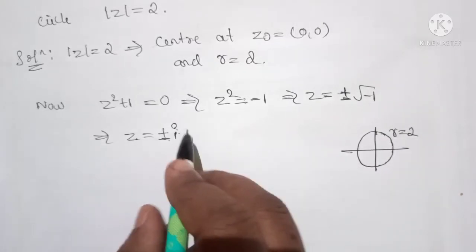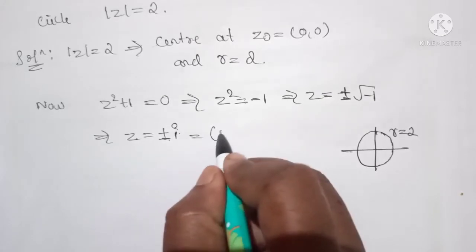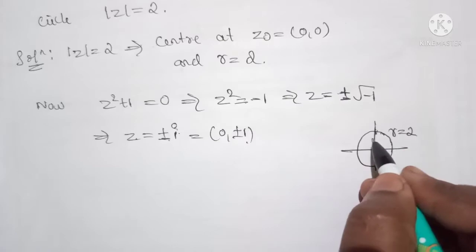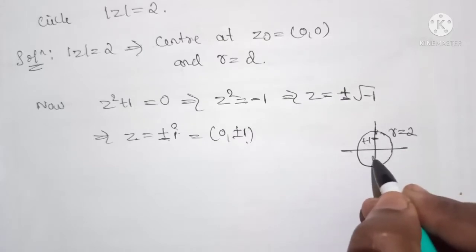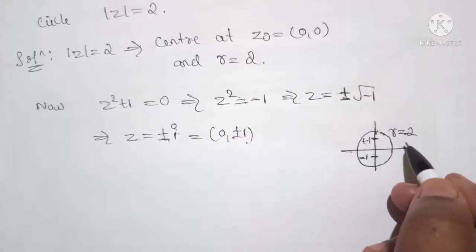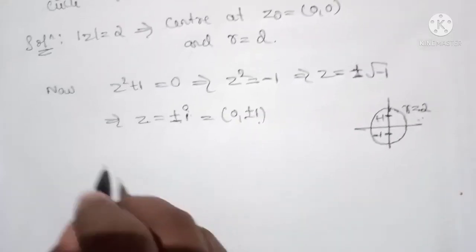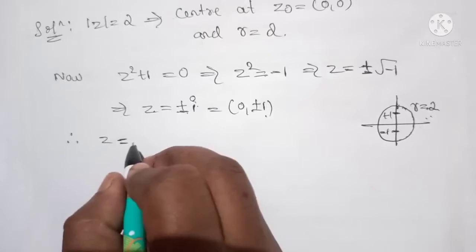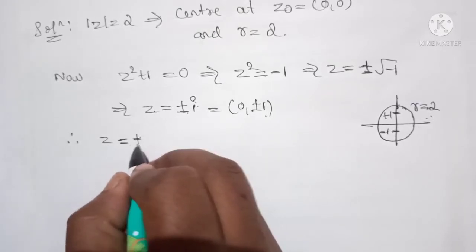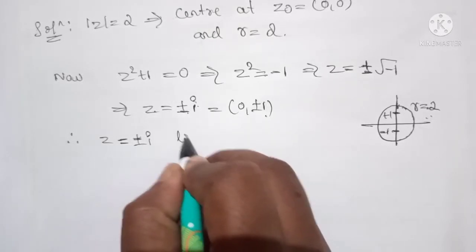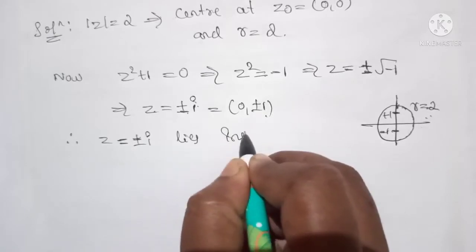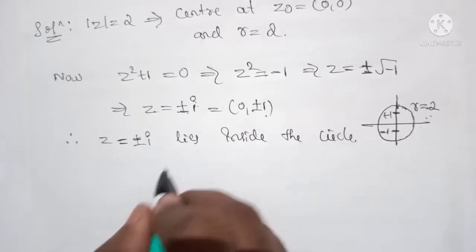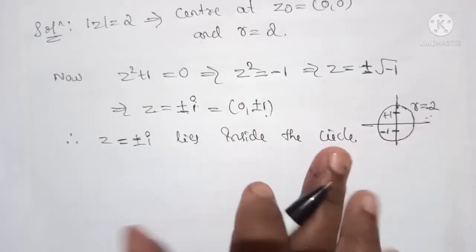Here z equals plus or minus i denotes the points 0 comma plus or minus 1, which is less than radius 2. So therefore we can say that z equals plus or minus i lies inside the circle, because r equals 2 here.